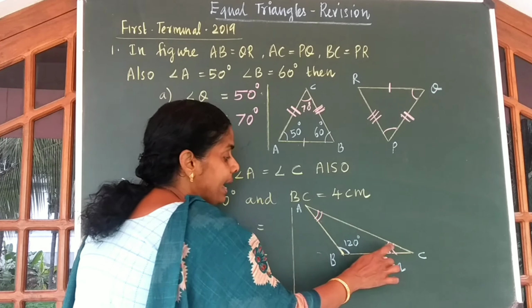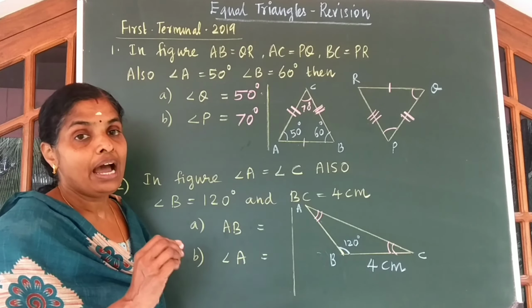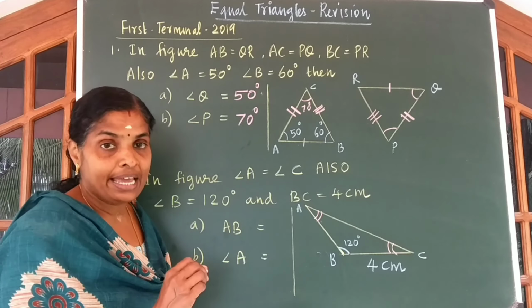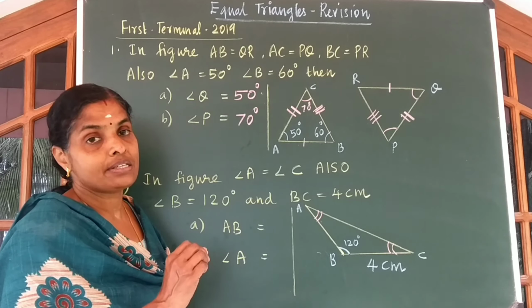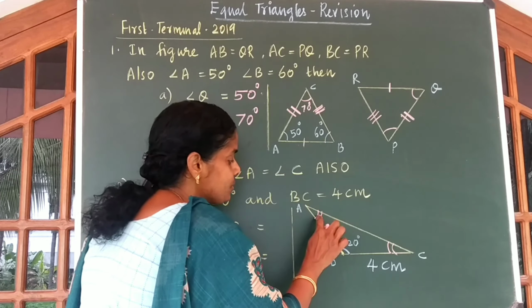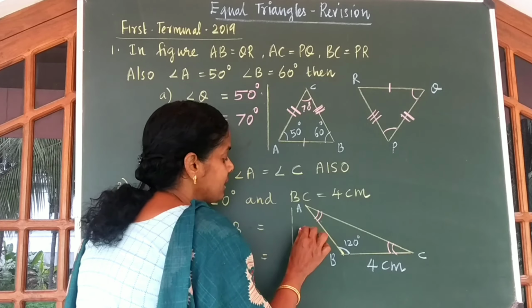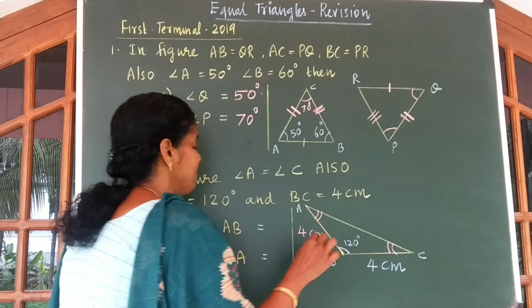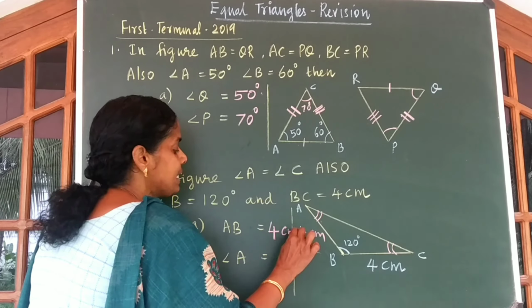Since two angles are equal, we can call this triangle an isosceles triangle. In an isosceles triangle, sides opposite to equal angles are equal. Opposite to this angle we have 4. Therefore, opposite to this angle we will have 4 centimeter. So, we can say AB equals 4 centimeter.